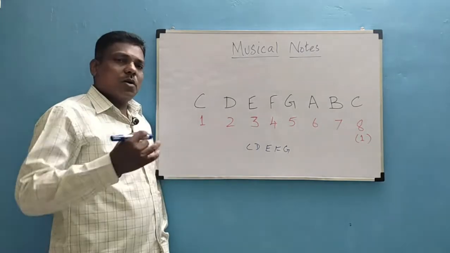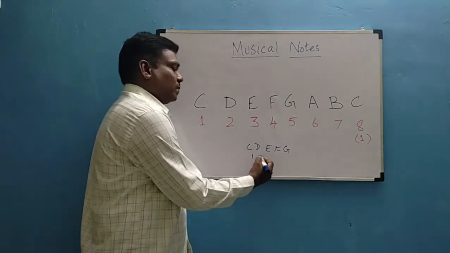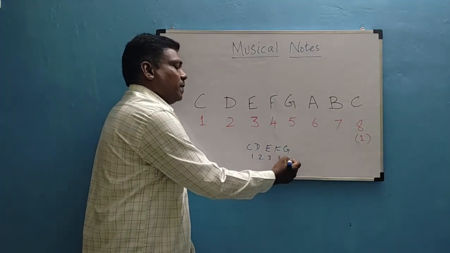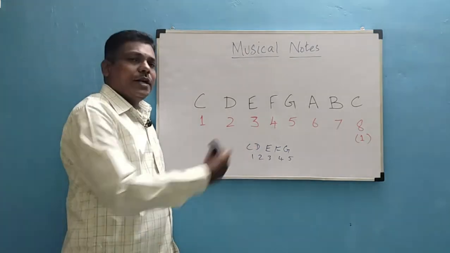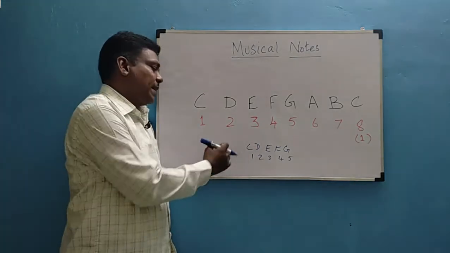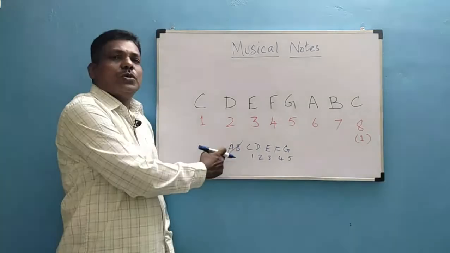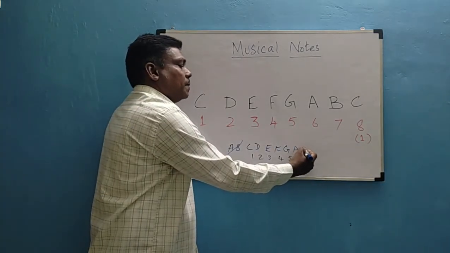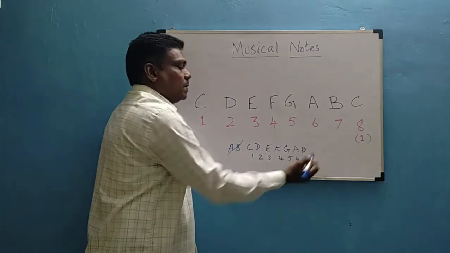They made C the first note, D the second note, E the third, then fourth, fifth, and then we need 7 letters, no? So we need 2 more. What they left behind, A and B, they added at the back. So you got the 6th and 7th letters.